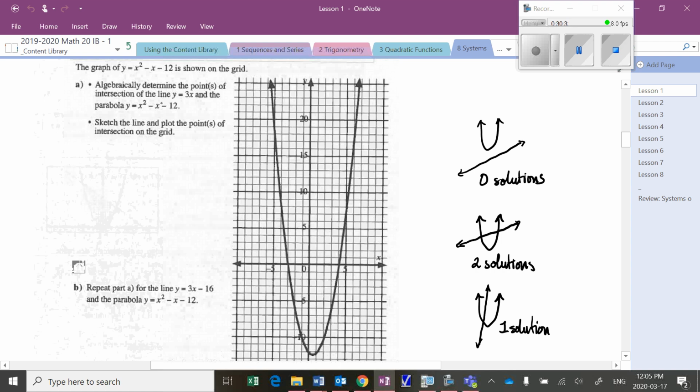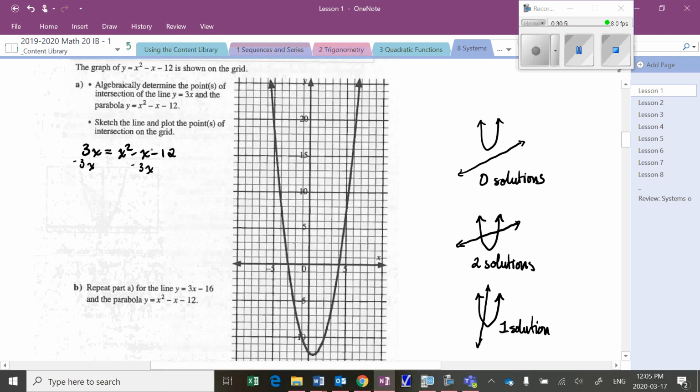So if we have y equals 3x, y equals x squared minus x minus 12. So again, substitution works out brilliantly in this case. So we can then say that 3x is equal to x squared minus x minus 12 because they both equal y, so of course they equal each other. And we'll subtract 3x from each side.